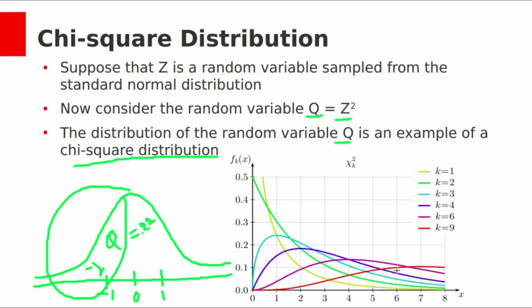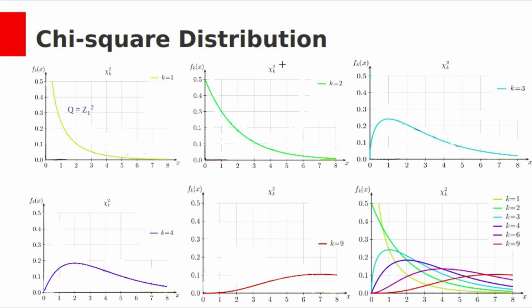This chi-square distribution will change based on degrees of freedom, like the t distribution. If degree of freedom is 1, then distribution will look like this yellow curve. If degree of freedom is 2, it will be like this green line, like that. If degree of freedom changes, distribution will also change. Now consider a random variable z1. This is taken from standard normal distribution, and its squared value will follow chi-square distribution with 1 degree of freedom.